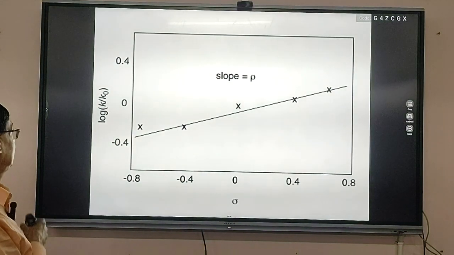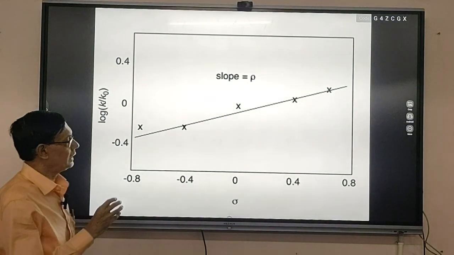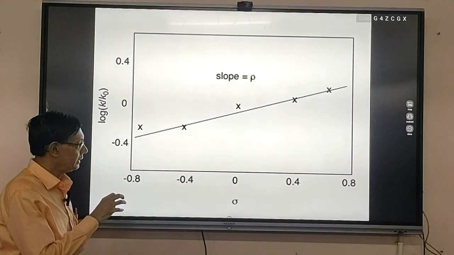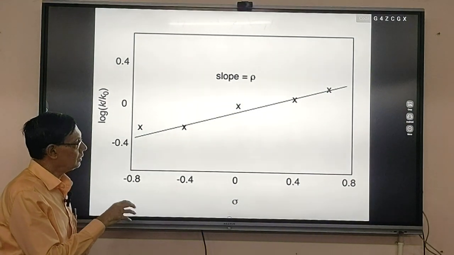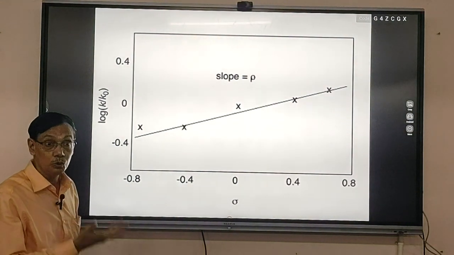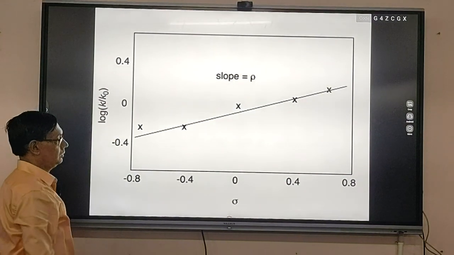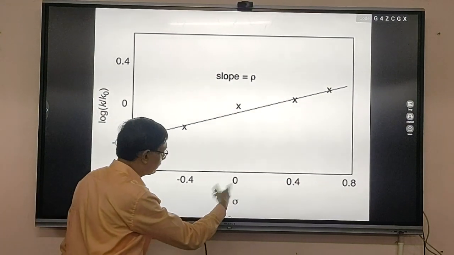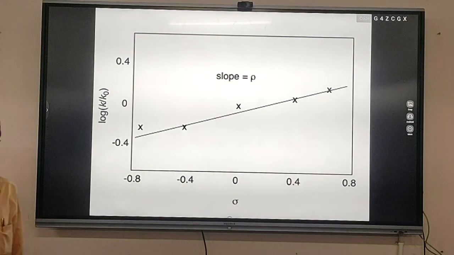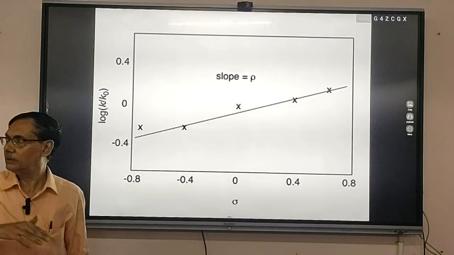Is there any graph? Yes. Sometimes, whether the Hammett equation is complied with or not, or whether the Hammett equation is valid or not, what you will do is plot a graph between log k by k0 with the substituent constant. Of course, the value of the substituent constant may be minus as well as plus.